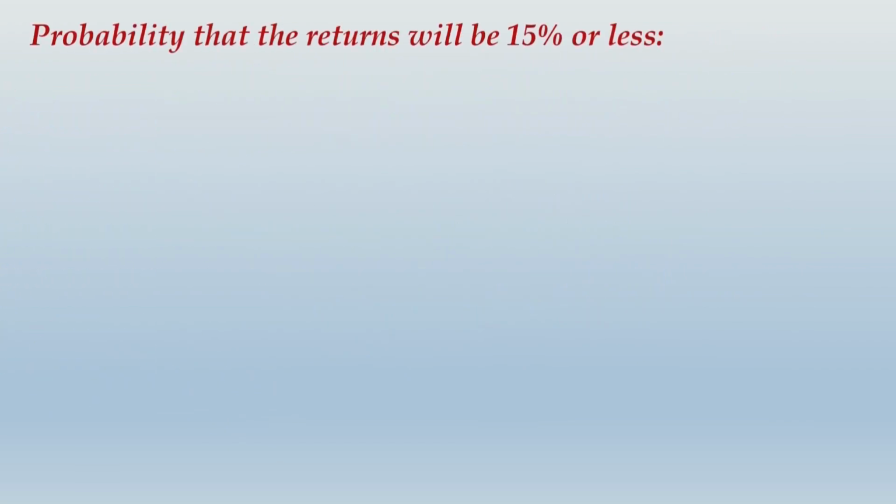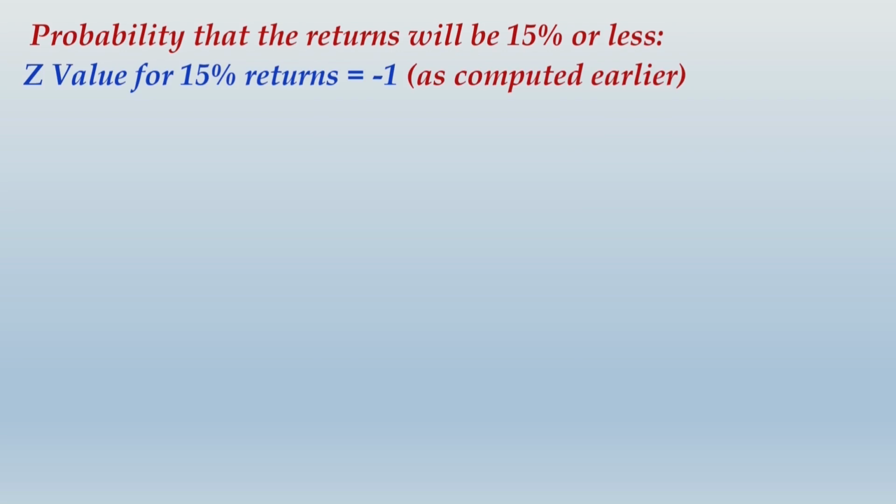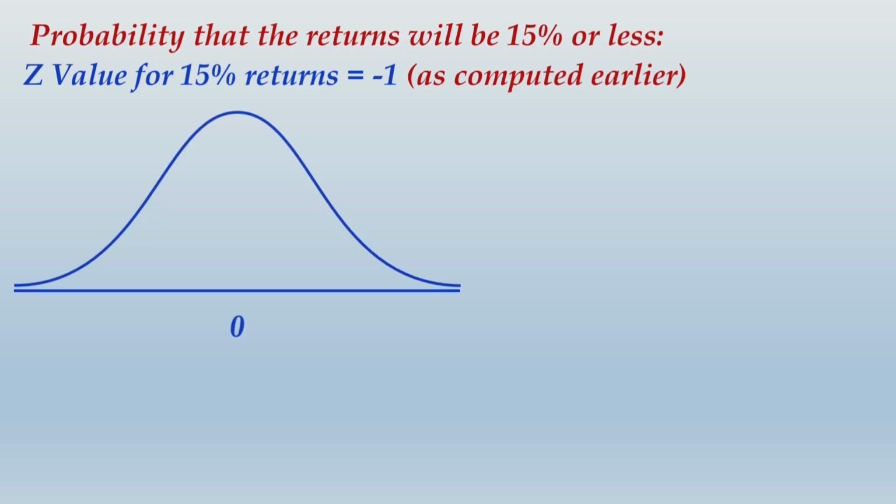Now we have to compute the probability that the returns will be up to 15%, means the returns will be 15% or less. Now we have already observed one thing, that the Z value for 15% return is -1, as we have computed earlier. So let us look into the area under normal curve that will be favorable for us. So 0 and -1.